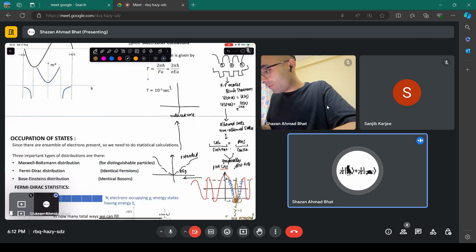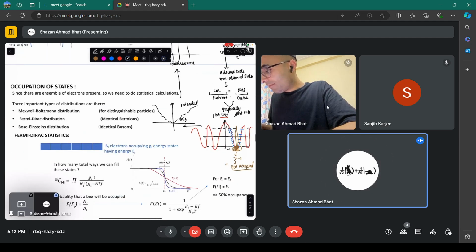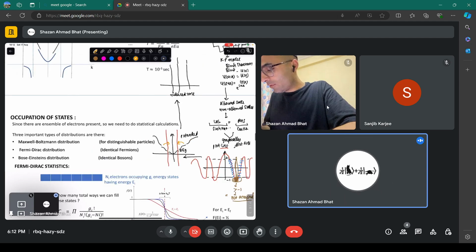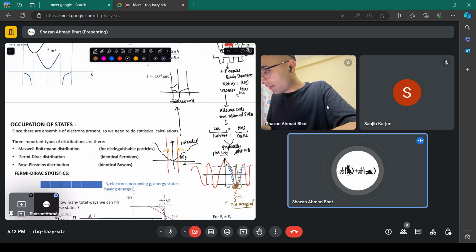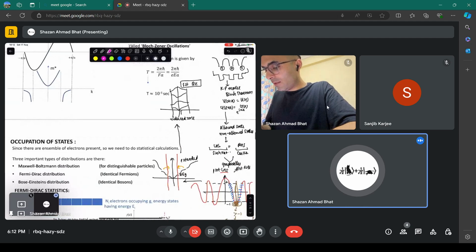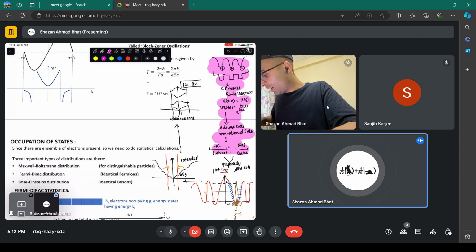What we get is that we fold these bands back into the first Brillouin zone, which is right here, and you get these particular curves, something like this. This is the first Brillouin zone. So this is the overall flow: from here down to here, then we get these bands, then the extended zone, then the reduced zone representation.